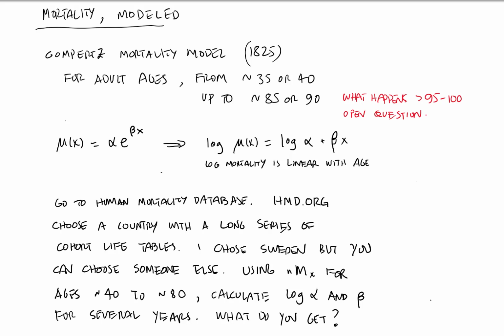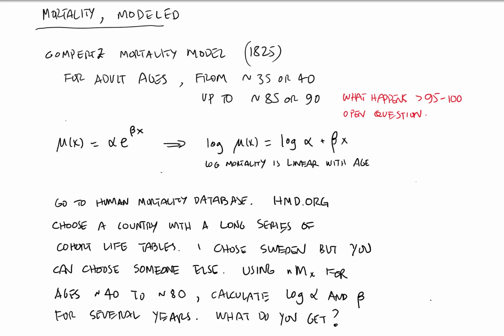Now I'm going to suggest that you go to the Human Mortality Database, hmd.org, and choose a country with a long series of cohort life tables. I chose Sweden, which had the longest series, but you can choose any other country in the database.